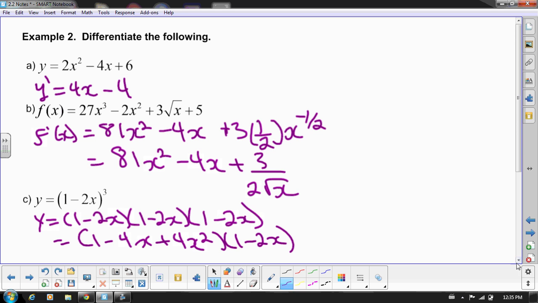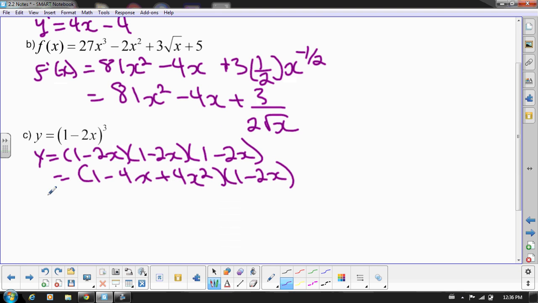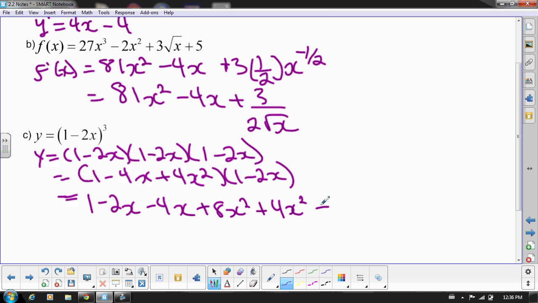Later on in this chapter, we're going to learn another rule that we can use so we can avoid doing the expanding. But right now, our toolbox only has the expansion. So when I expand that out, so 1 minus 2x minus 4x plus 8x squared plus 4x squared plus 8x cubed.